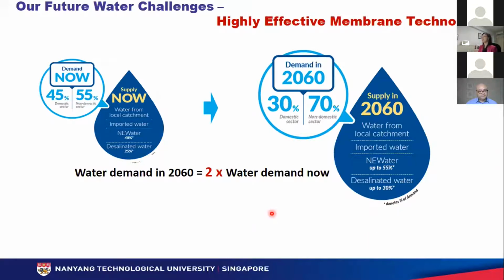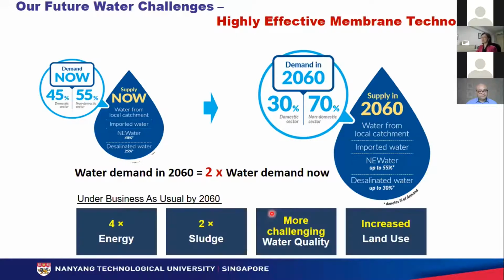But if we use the current existing technology for water production, by 2060 the energy consumption will increase significantly. The energy will be 4 times the current energy value. This imposes a significant challenge to us. So we need to develop highly effective membrane technology for water treatment and water production.